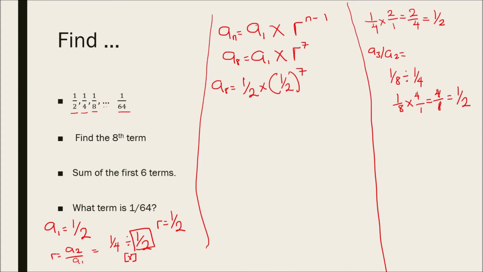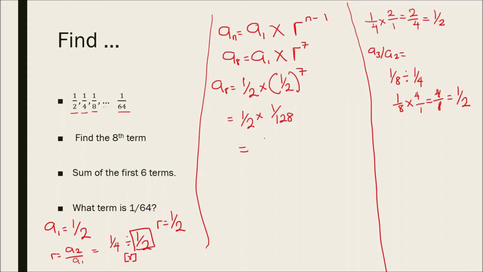So we have 1 over 2 times 1 over 2 to the power 7. What's 1 over 2 to the power 7? That should give us 1 over 128. So we have 1 over 2 times 128.